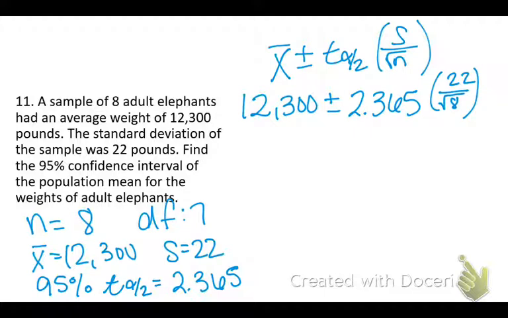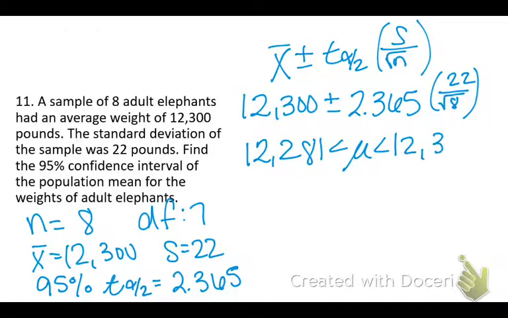And since we have such large numbers already, I'm going to go ahead and just round it to a whole number, just to make my life a little bit easier. And so we should get 12,281 and 12,318. And that is our answer.